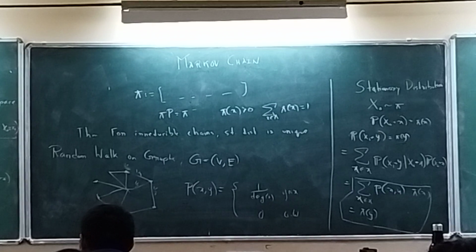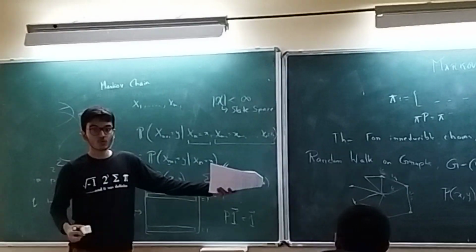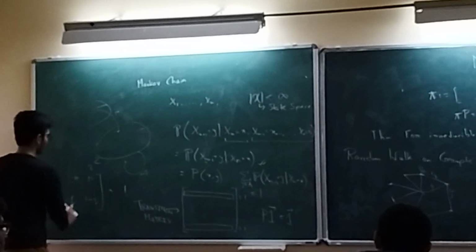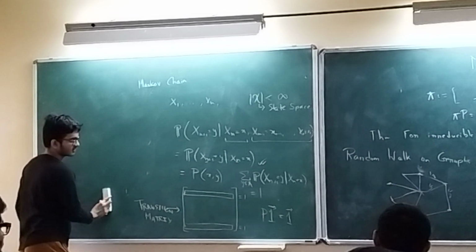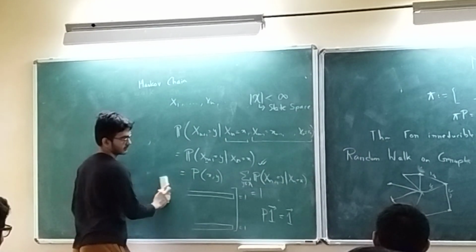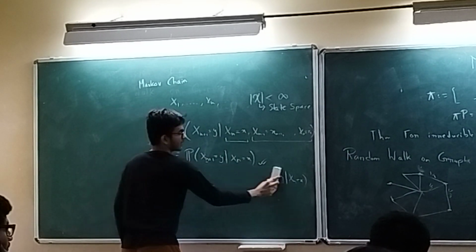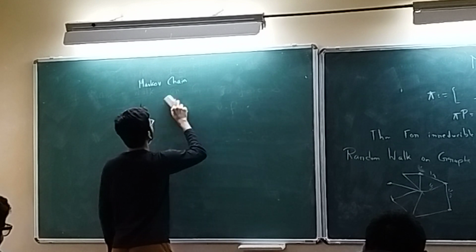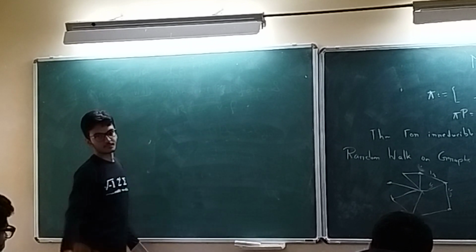Also, you can check the properties of this, whether this random walk on a graph is irreducible, and when it is irreducible and when it is aperiodic. You can make some guesses because, as I already told, irreducibility imposes a kind of connectedness in the model. And if you have a disconnected graph, you see that it's not irreducible.